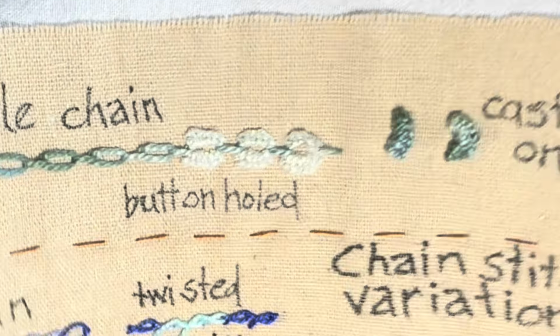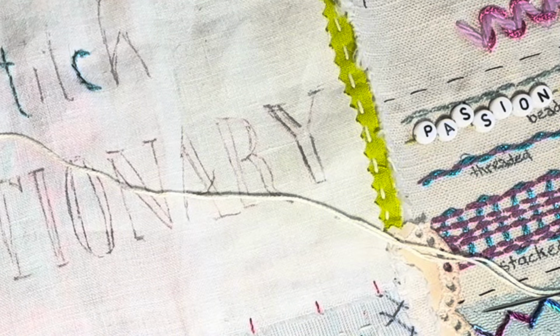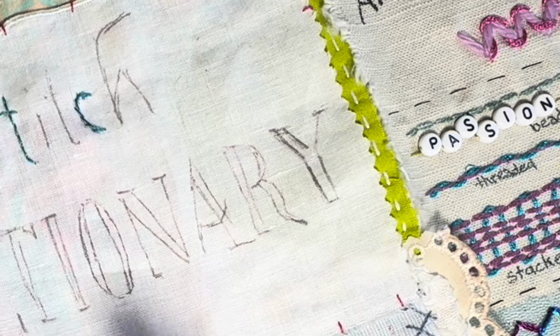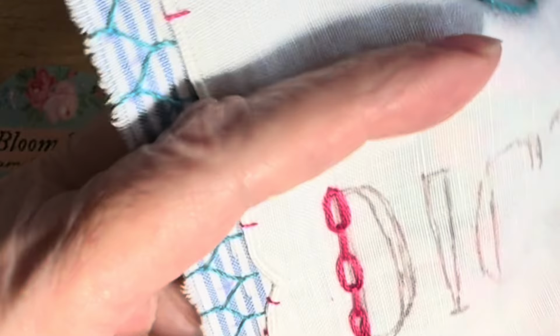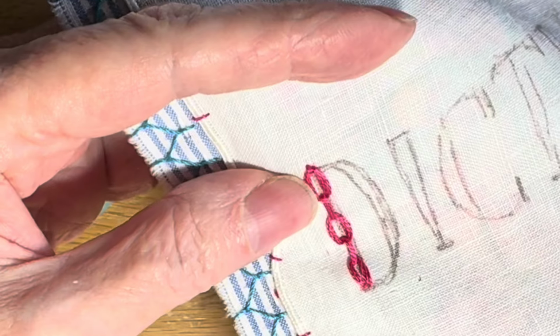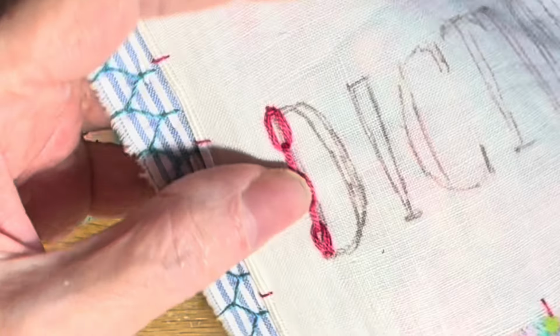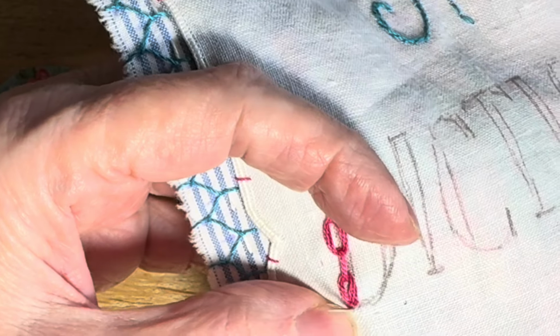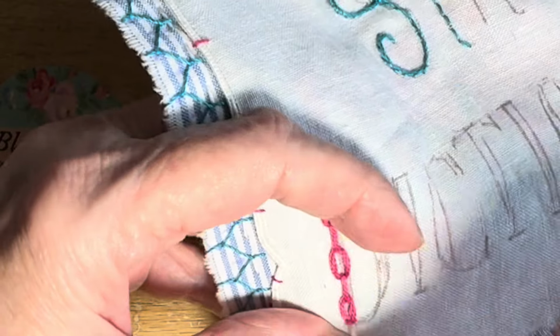I did not want to do a detached buttonhole. So when we get to the D's, we're going to do a detached buttonhole stitch. But I'm going to do one here just because I want one on my cover. I'm going to do several actually.